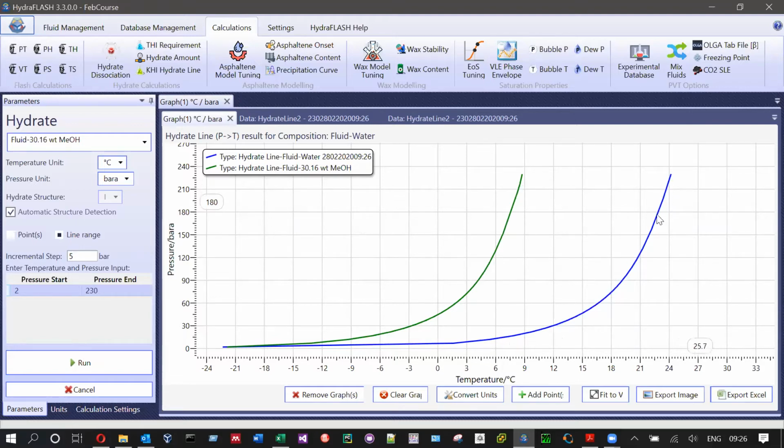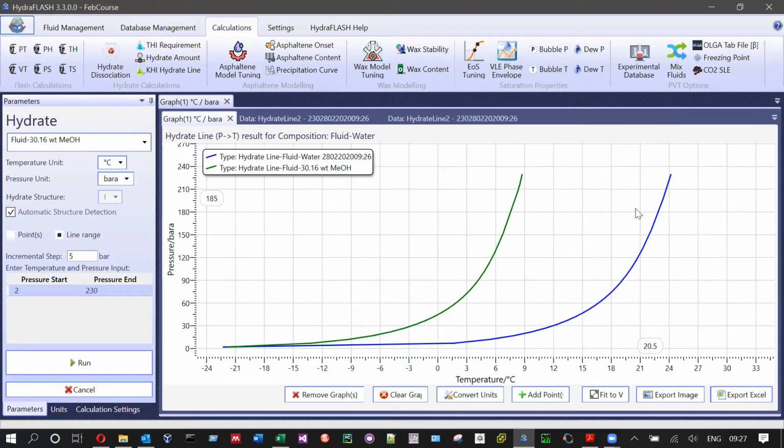As you can see, methanol shifts the hydrate phase boundary to the left side of the PT diagram, which means that the hydrates are less stable at these conditions when methanol is in the system, and methanol can inhibit hydrate formation. So as is shown in the figure on page 9, injection of methanol will shift the hydrate phase boundary of the system to the left side of the PT diagram, and it performs hydrate inhibition for around 15 degrees.